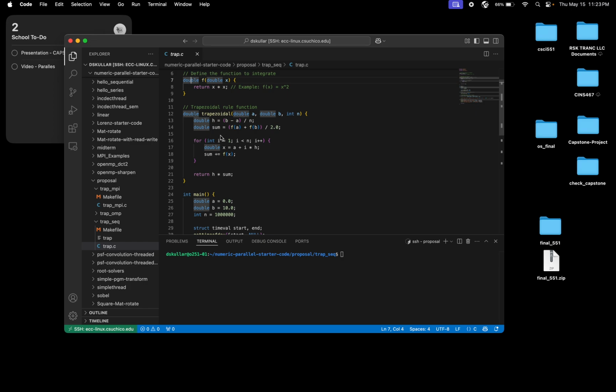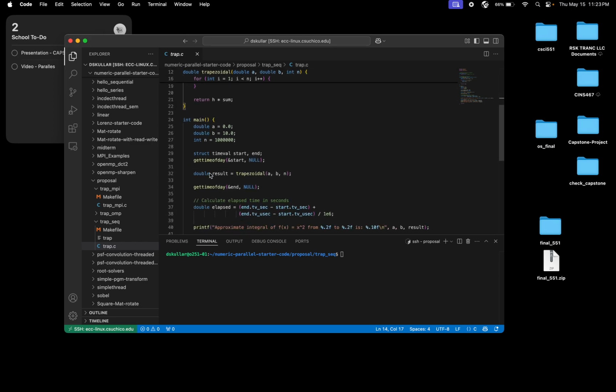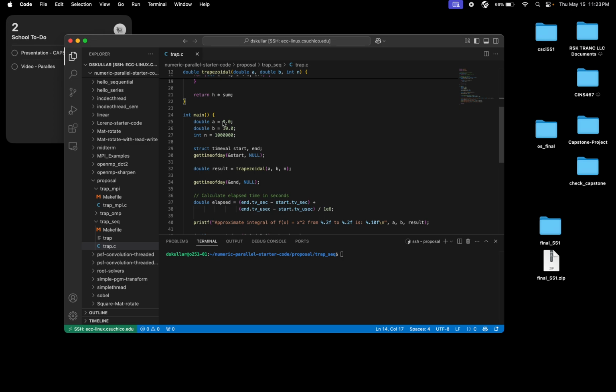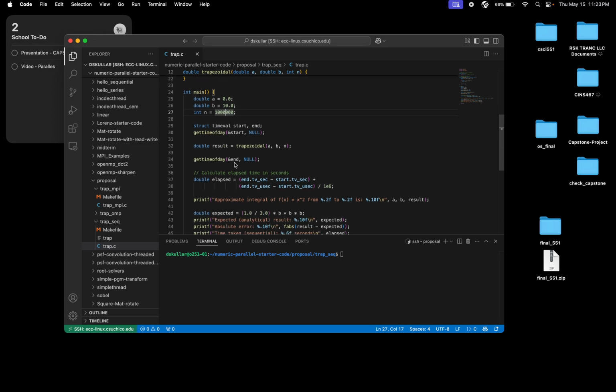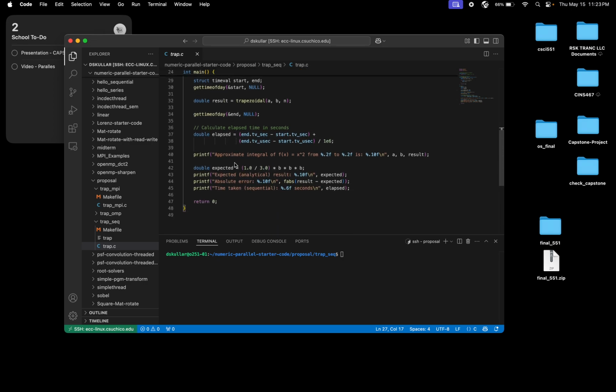It'll calculate h equals b minus a over n, start with half the function values at the endpoints, then loop over the intervals and sum up the intermediate function values. In our main, we set the integration bounds a equals 0, b equals 10, and n is 1 million trapezoids. Then we calculate the execution time and the results.